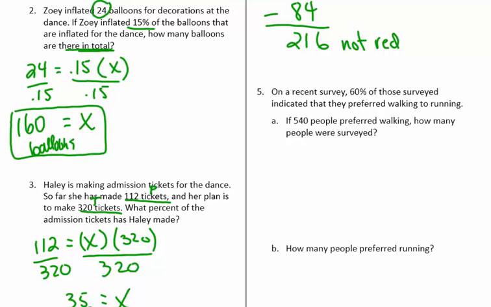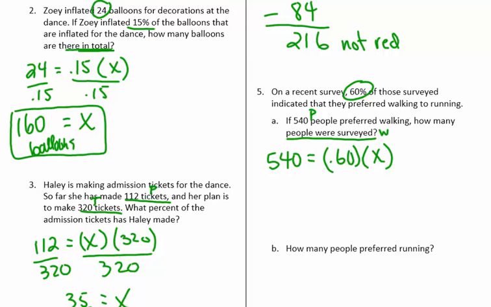Number 5, in a recent survey, 60% of those surveyed indicated that they preferred walking to running. If 540 people preferred walking, how many people were surveyed? We know the percent, that's here. 540 people preferred walking, that's not the total, so that's the part. And they're asking how many people were surveyed, that's the whole. So 540 is the part, equals 0.60 times x, which is not known.